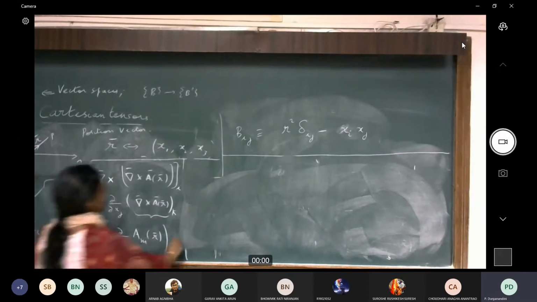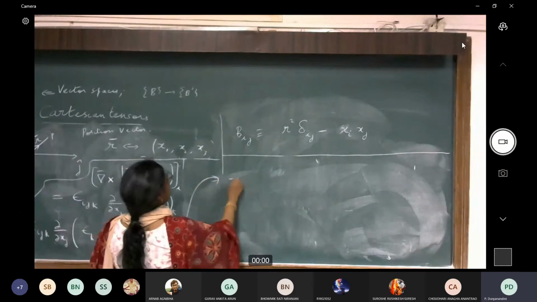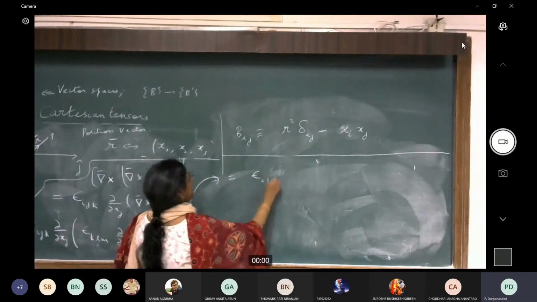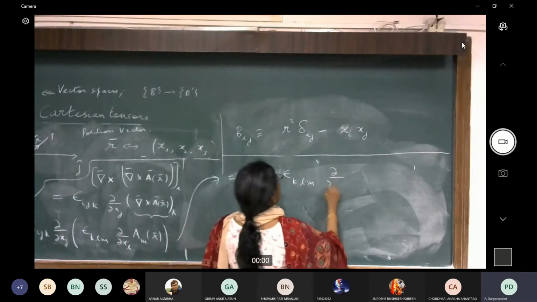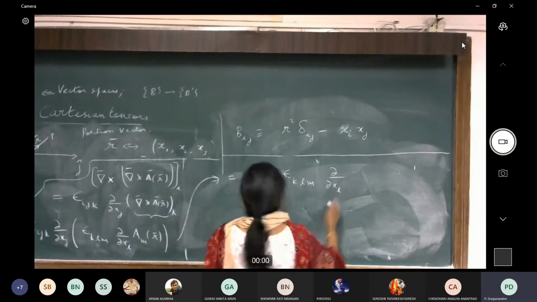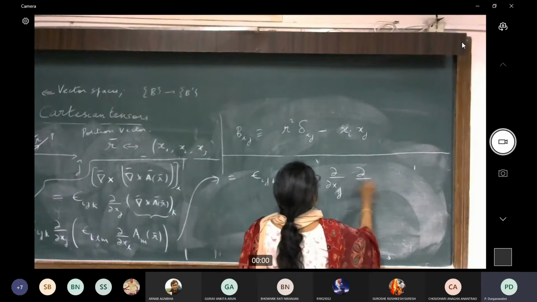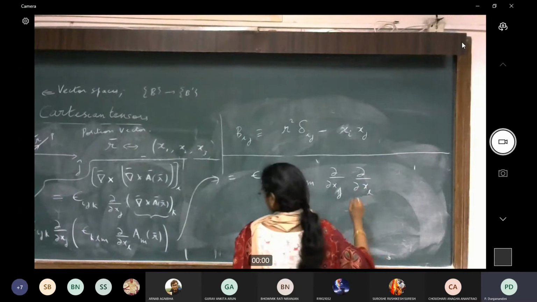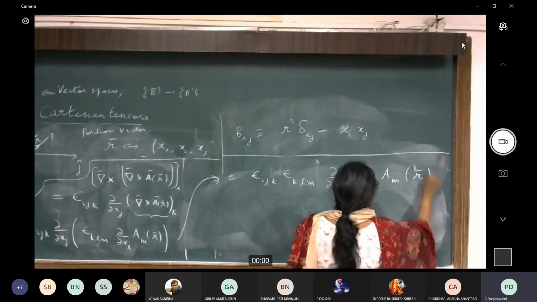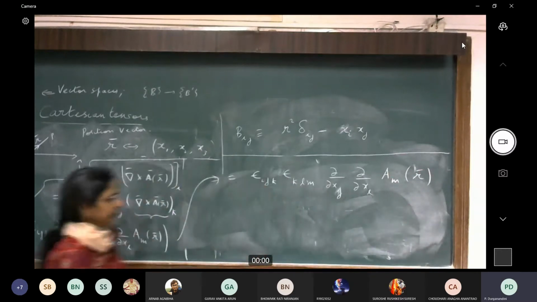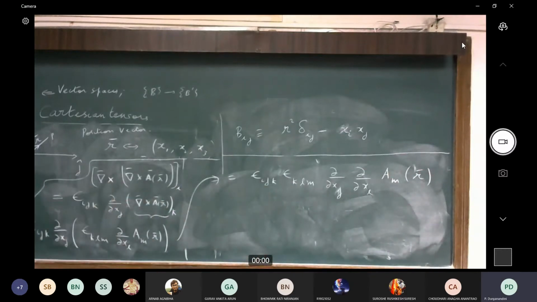So I can write this as equal to epsilon_ijk epsilon_klm del by del x_j del by del x_l of A_m of r. Okay. So I've just taken this outside of the derivative part because that's anyway constant. I mean, if I think of it as a number, it's a constant.